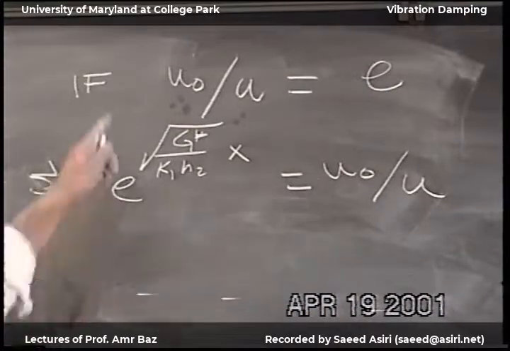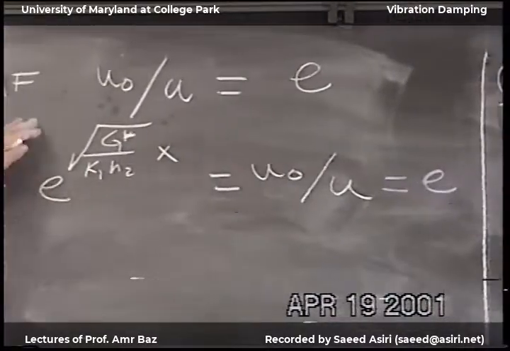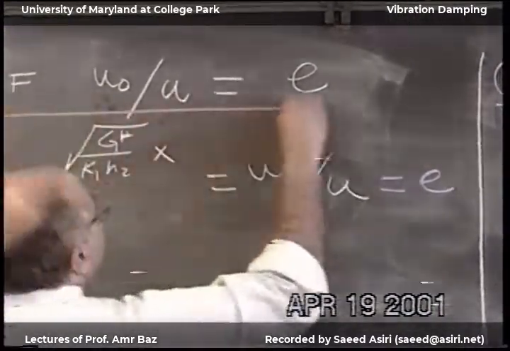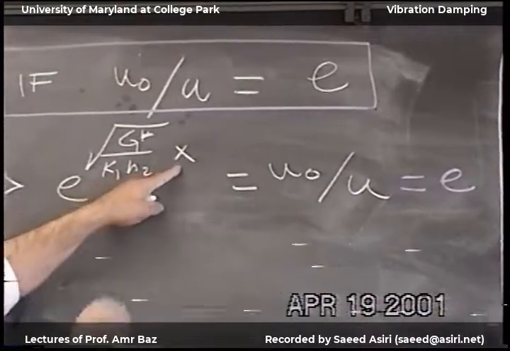And from here, this is equal to E if this condition is satisfied, and I'm going to call this X, XE.